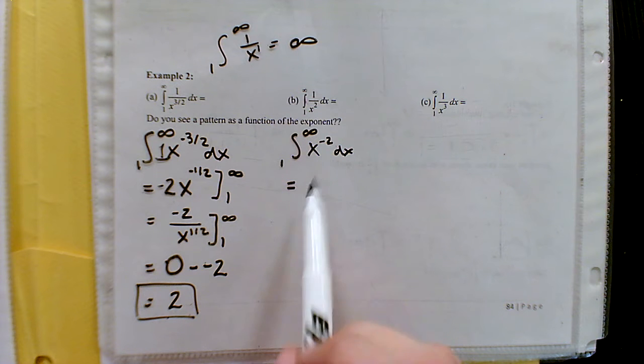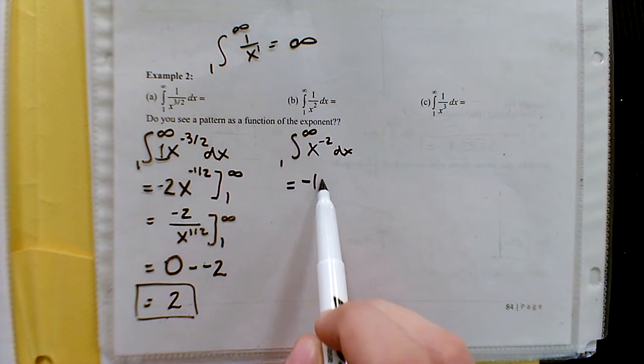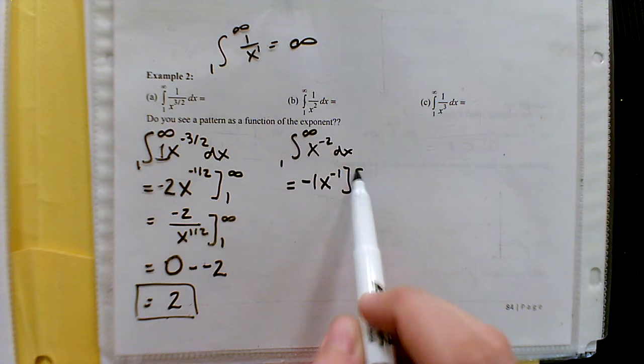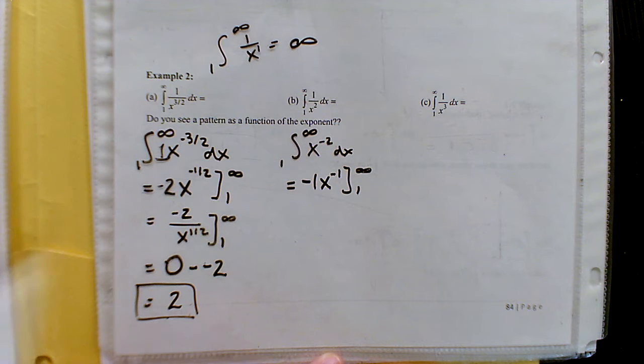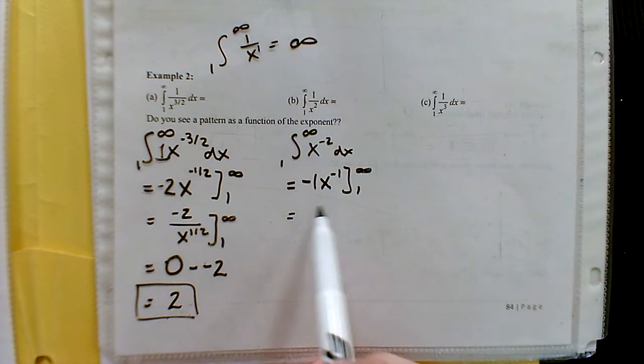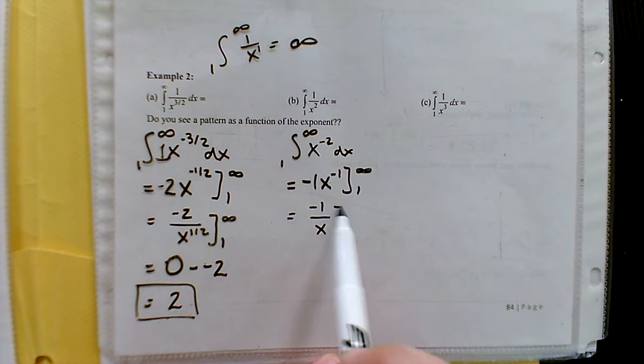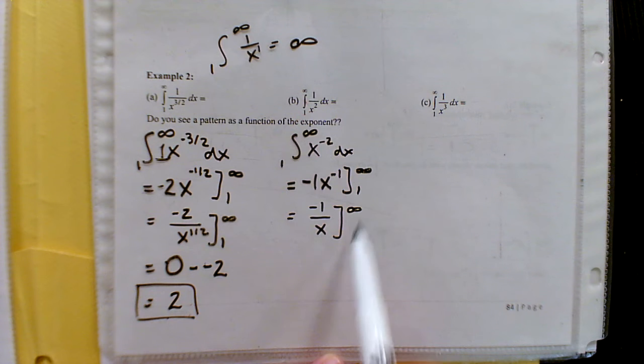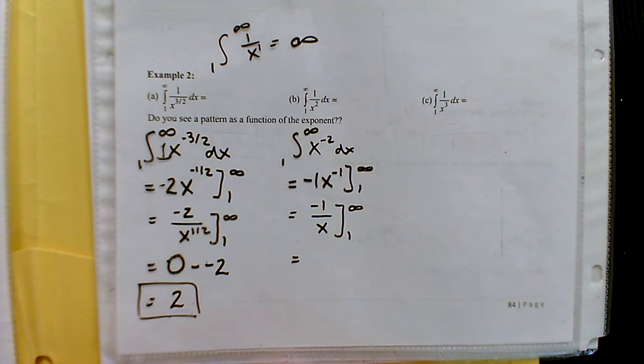Let's see, if we do our reverse power rule, we'd have negative 1 over x to the first.